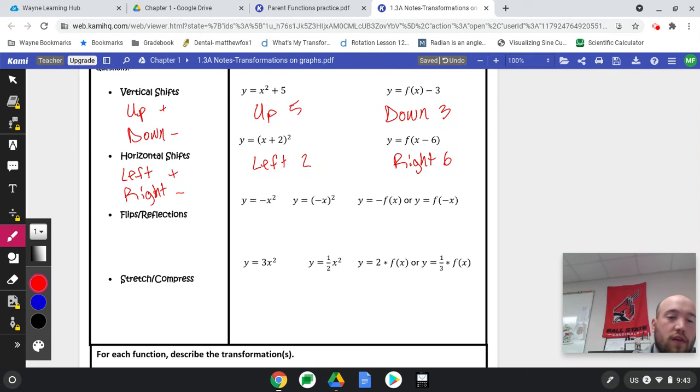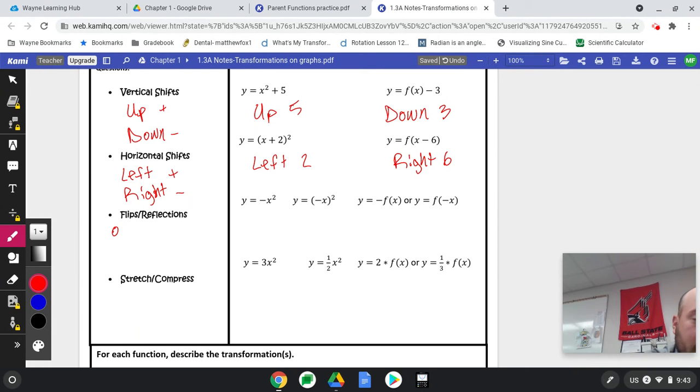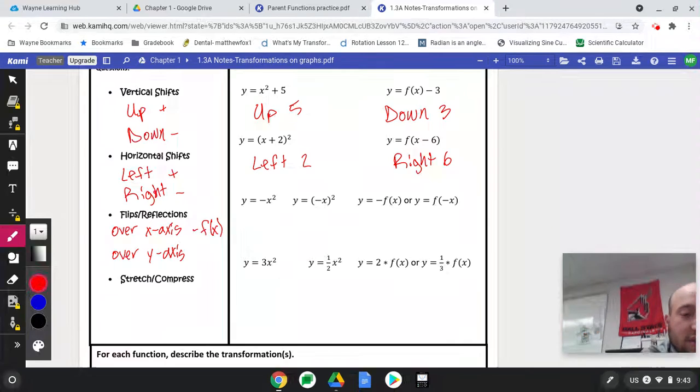All right. Now sometimes instead it will flip or reflect. If it's going to flip over the x-axis, that would be when it is just out front, the negative sign: negative f of x is over the x-axis. If it's within the parentheses, then that causes it to reflect over the y-axis. Now, some of these are symmetric over the y-axis, so that won't actually change how it looks, but it technically has occurred.